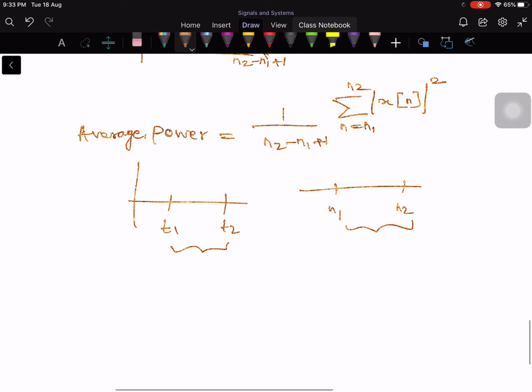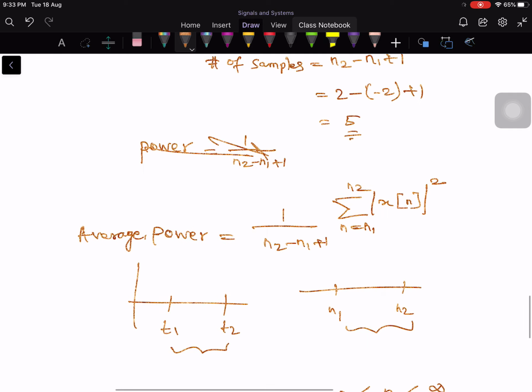So what is the total energy from minus infinity to plus infinity? Similarly, in the discrete time domain, we would like to know what is the total energy or power over the interval minus infinity less than n less than plus infinity. So in these cases, we define the total energy as a limit of the previous definitions.